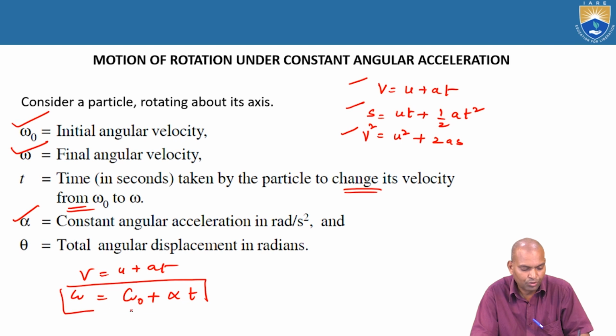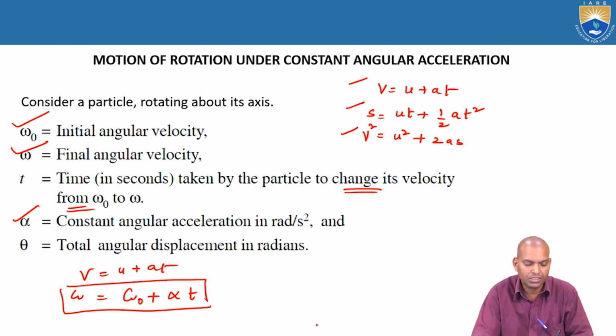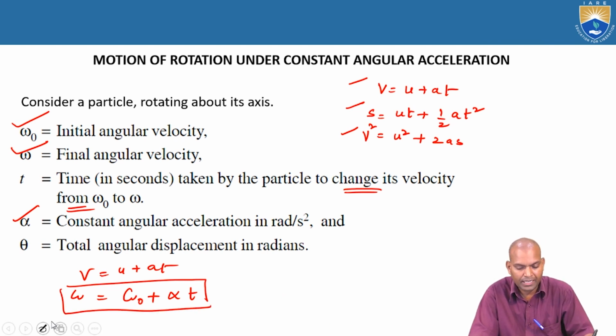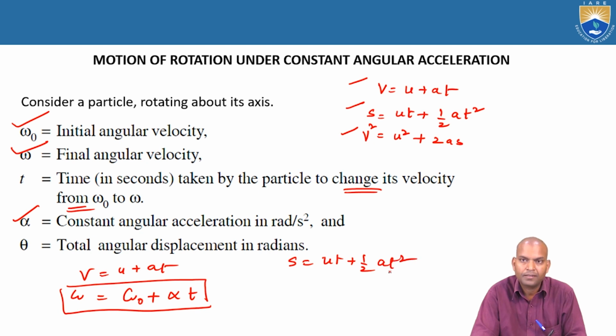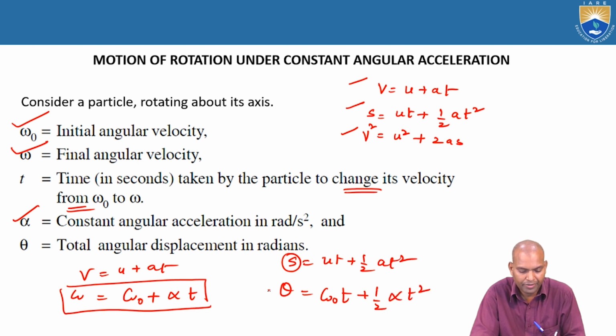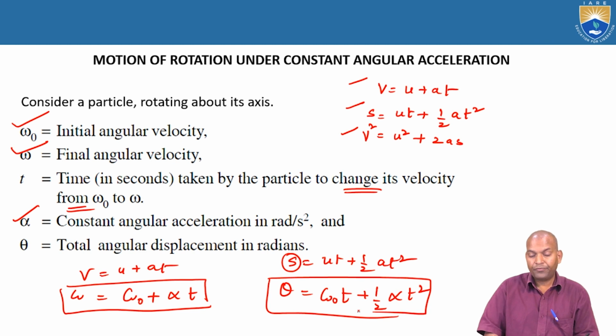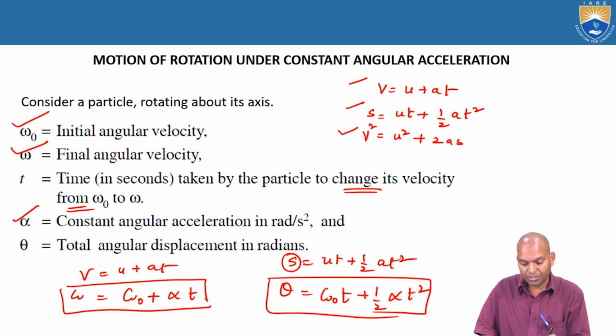This is the equation of motion for rotation. Now take another equation, s equals ut plus half at square, where s is the linear displacement. Substituting, theta equals omega 0 t plus half alpha t square. This is another equation. And the final one, v square equals u square plus 2as, is the other linear equation.